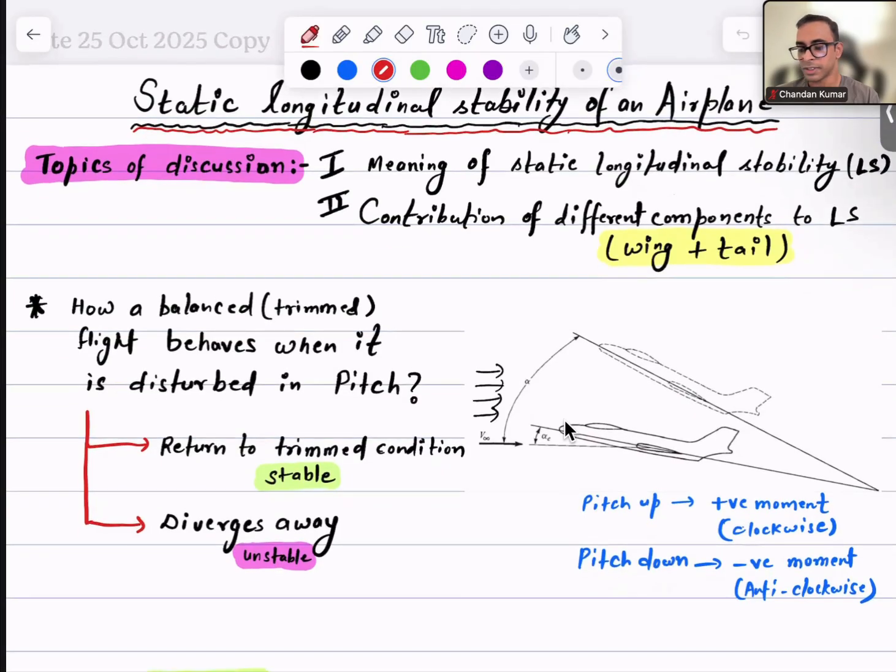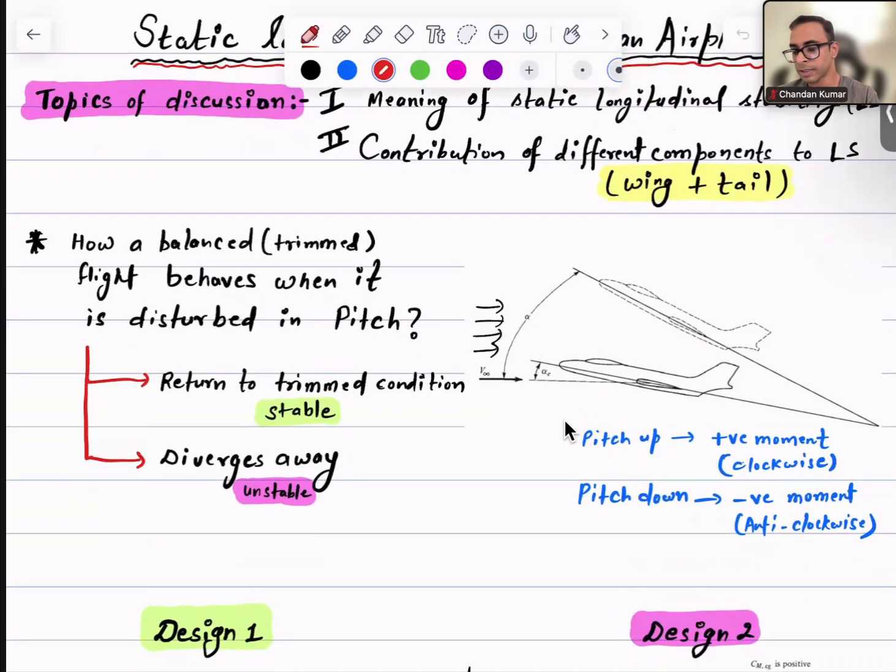So going forward, we should ask the question: how does a balanced, trimmed flight behave when it is disturbed in pitch? Whether it is going to return back to the trim condition or whether it is going to diverge away and become completely unstable.